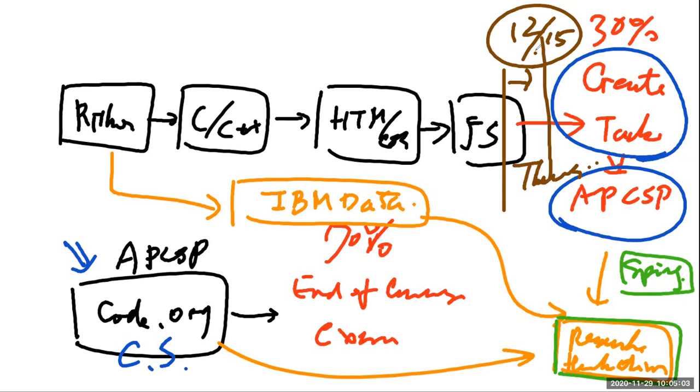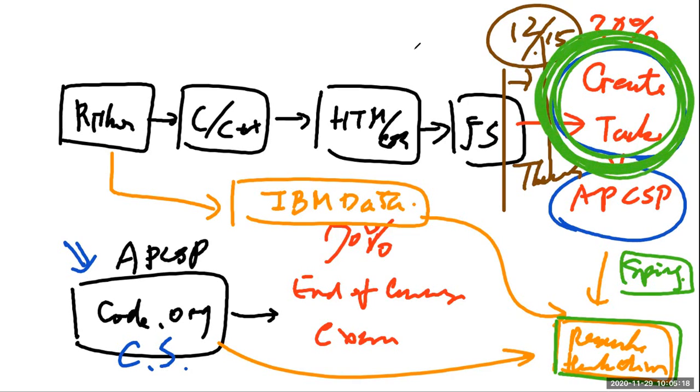After that, we may teach you more JavaScript functions, but we will focus on creating a project. That's the key. Eventually, you need to submit the project to the AP CSP portfolio.